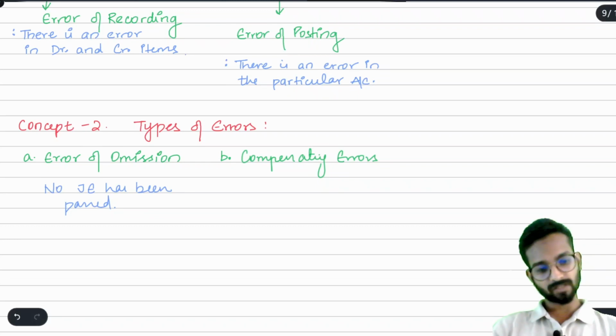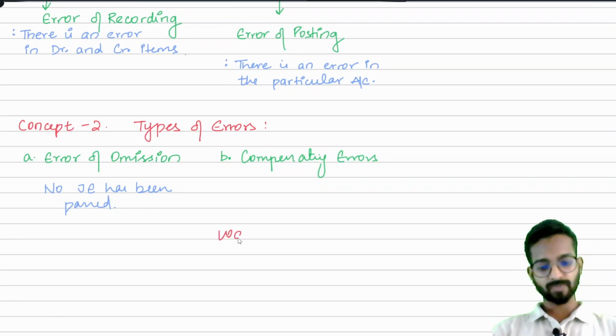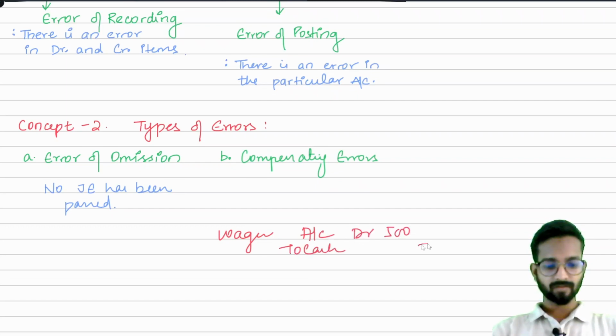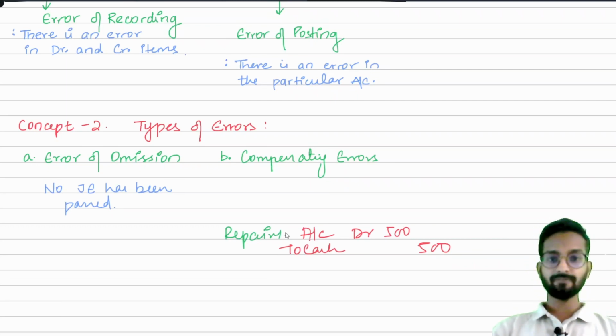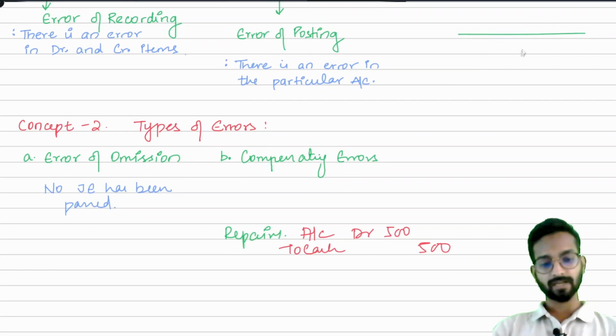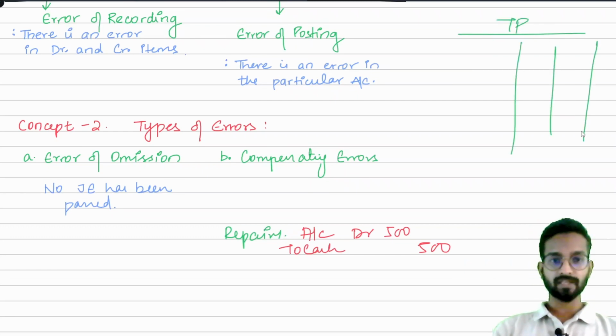Understand like this. Suppose I had to write that wages paid 500. So I will write the entry wages account debit to cash 500, 500. Wages is my expense, cash is gone. So I will write wages to cash. But suppose instead of wages, I have written here repairs. So technically I had to debit the wages. But now understand, while preparing the trial balance, I hope you have already seen the video of trial balance, which is in the miscellaneous topic.